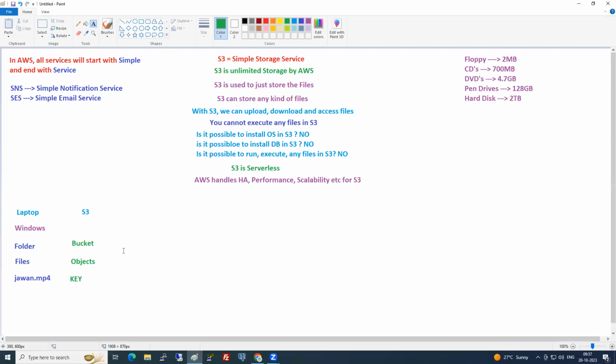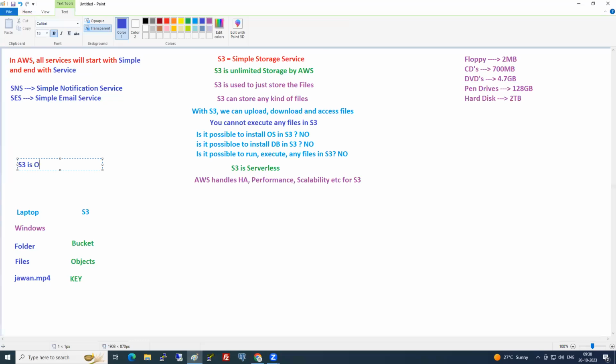What is the name of the object? The key. Simple, no? I'm telling you one sure certification question here. S3 is called object-based storage, because what are we uploading? Objects only. So for that reason, S3 is object-based storage. Certification question, important.